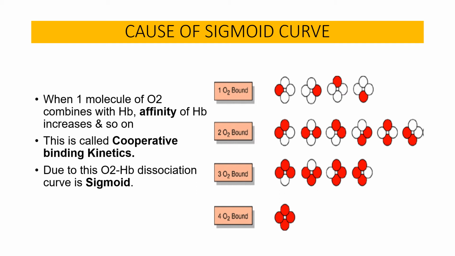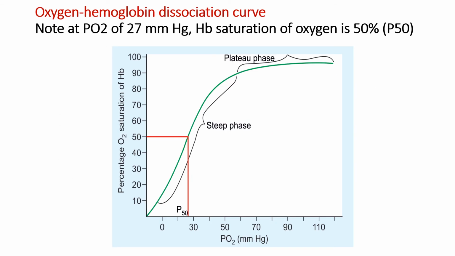When there is further increase, the affinity increases more. Note that at PO2 of 27 mmHg, hemoglobin saturation of oxygen is 50%. This is known as P50, and we will be discussing P50 in further slides.